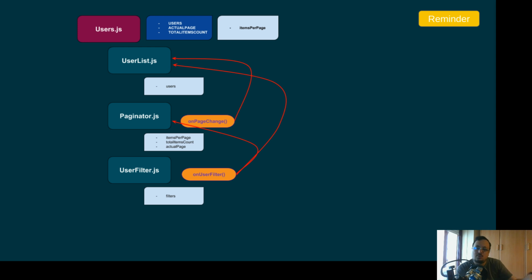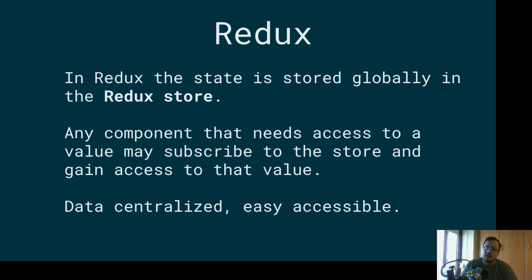So that was the basics of React State. Remember that Redux is just a framework to manage and share state differently, and we have a unique store, a unique place where all the state for our application is stored.